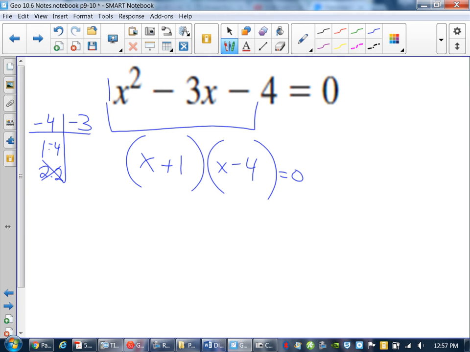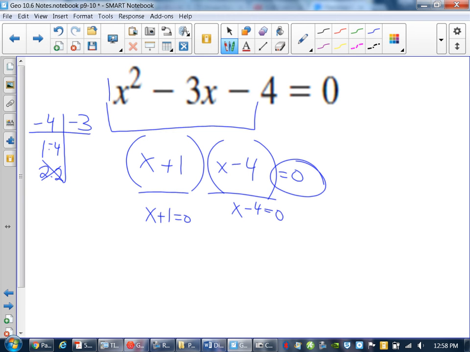Okay? So at this point, you now have two terms that are multiplied together and equal 0, which means that either one of them could equal 0. So you need to figure out what value of x makes either term 0. That's why I say just do this and solve for x.